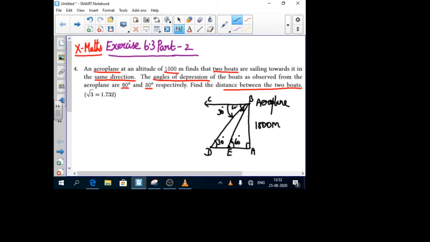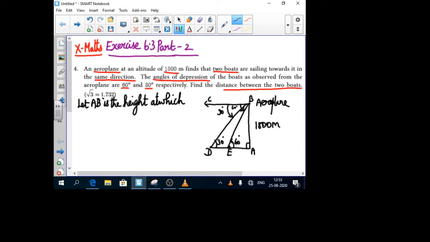So let AB be the height at which the airplane is flying.